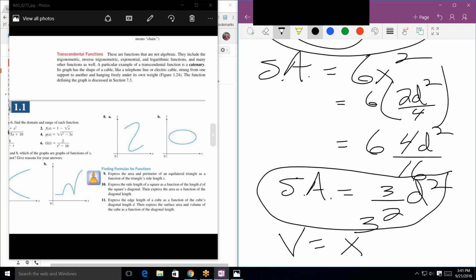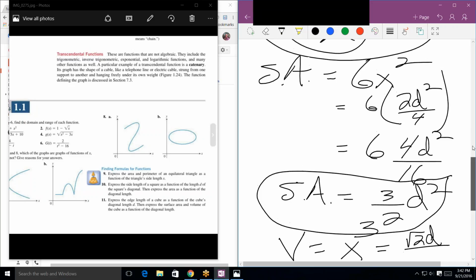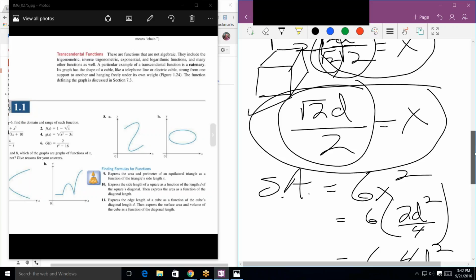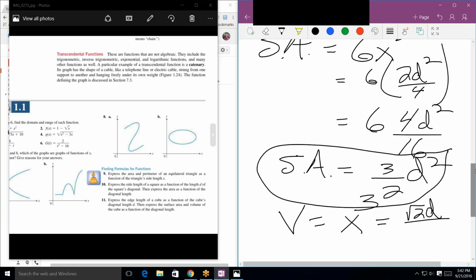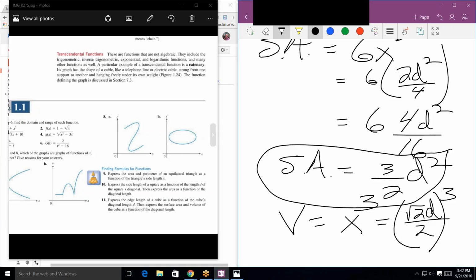Well, we know what x is. x is square root of 2 d over, what was it? Square root of 2 d over 2. So that's what x is. So x cubed has to be that whole thing cubed.